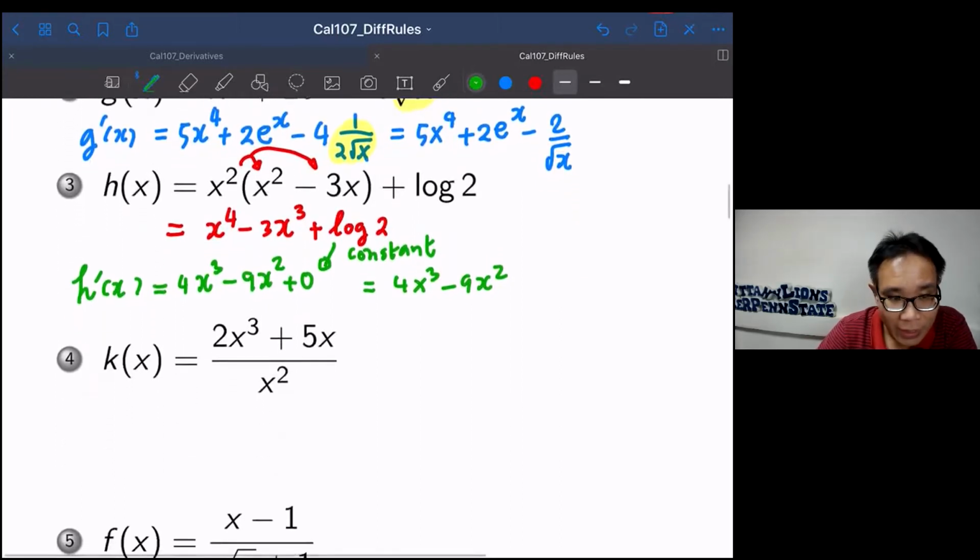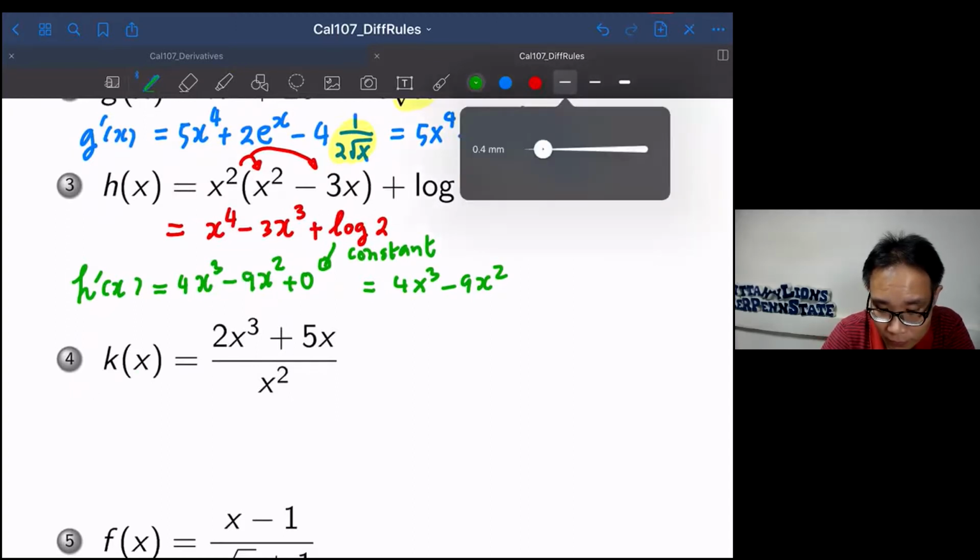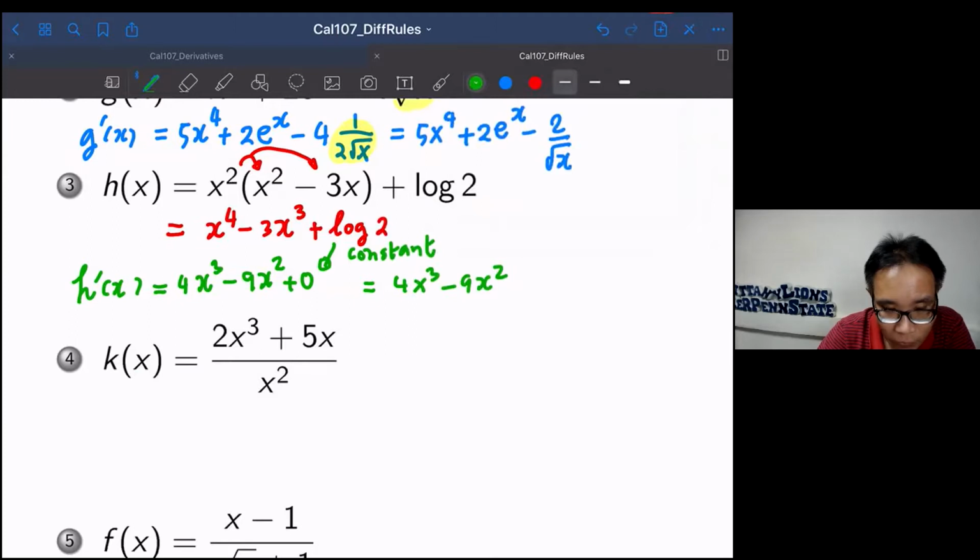Okay, and you have k(x) equal to (2x cubed plus 5x) over x squared. So this guy may be simplified into 2x cubed over x squared plus 5x over x squared.